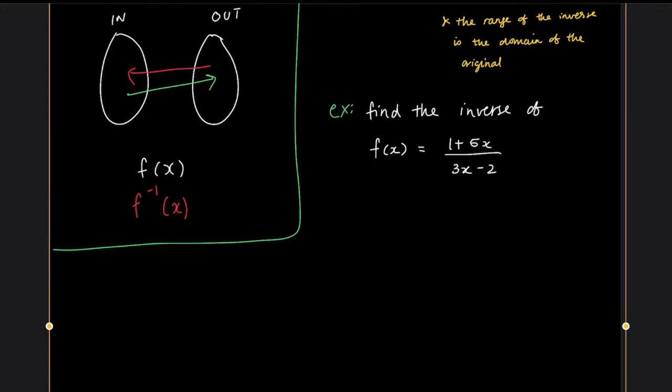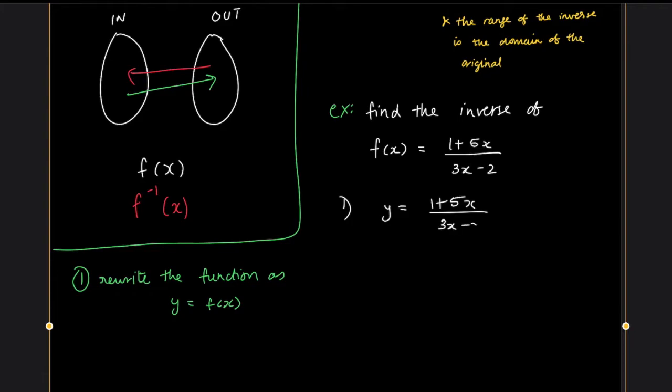To solve any question related to the inverse of a function, there are 4 clear steps that we need to follow, and these steps stay the same throughout. I list them on the side here. Step number 1, rewrite the function as y equals f of x. So let's do that side by side. Step 1, we'll do y equals 1 plus 5x over 3x minus 2.